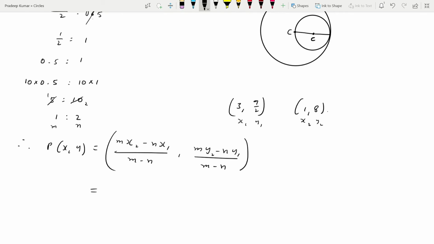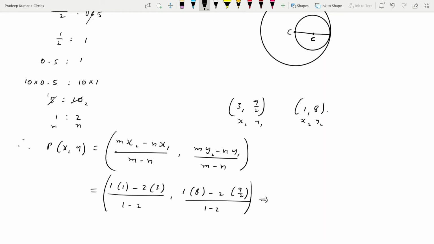So m is 1, x2 is 1, n is 2, and x1 is 3, by 1 minus 2. And m is 1, y2 is 8, n is 2, and y1 is 9/2, whole by 1 minus 2. Let's solve this further.